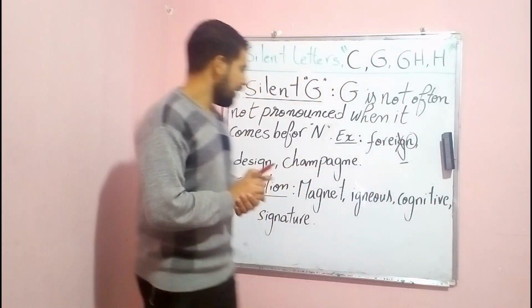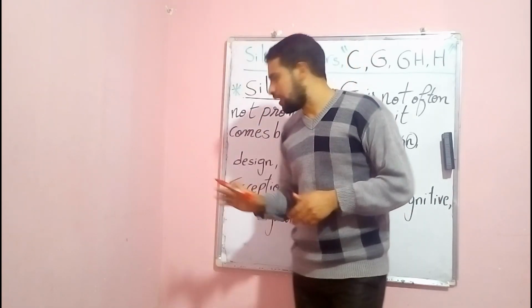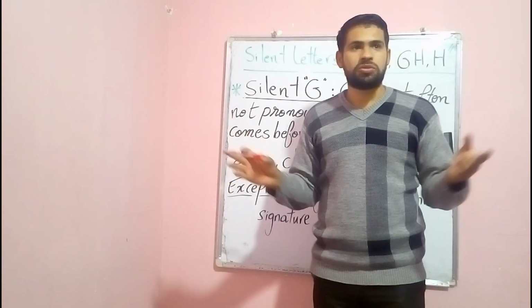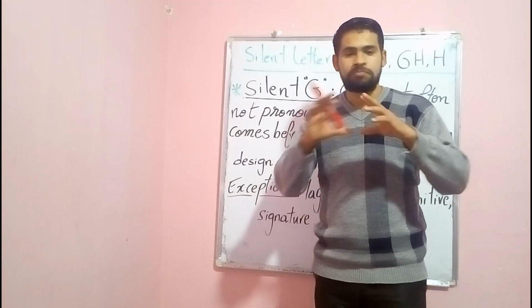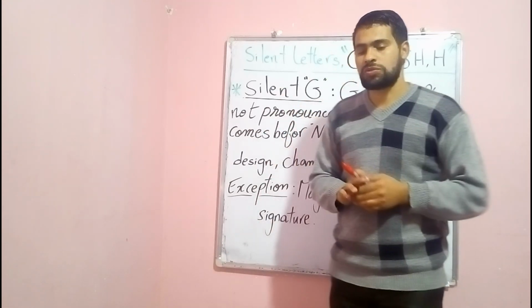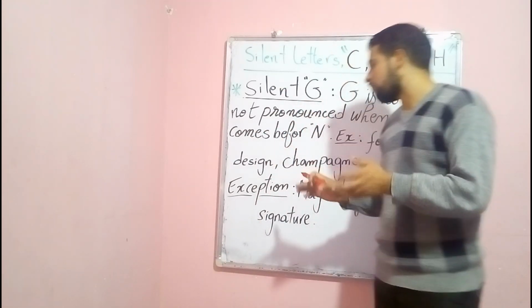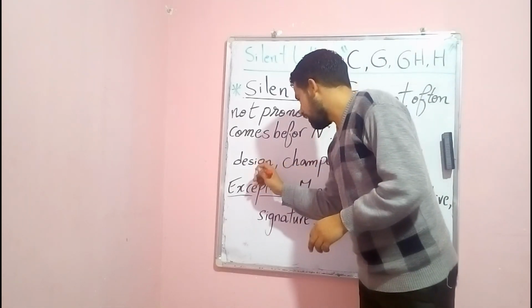Okay. Again, here we have the word design. To design is like to design a photo or to design a website. That's what they mean by the word design or the verb design. So again, here what do we have?